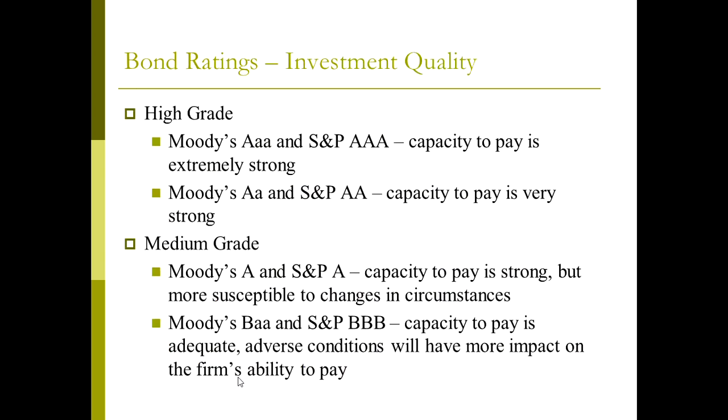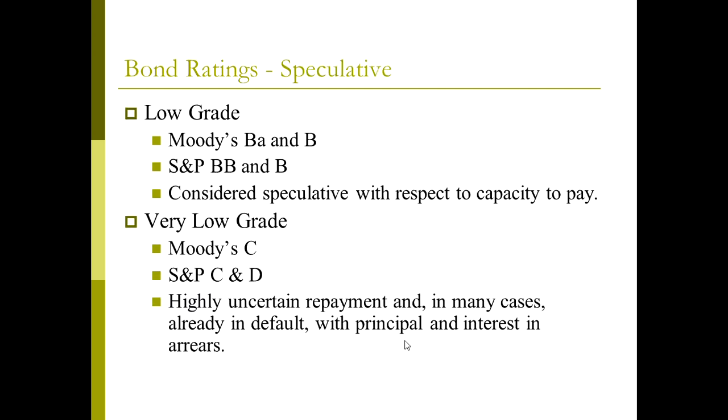Okay, so high grade bonds, mostly AAA, AA, are considered relatively safe. Medium grade A and triple B are considered okay. Low grade are the ones below triple B, and very, very low grade like C and D.